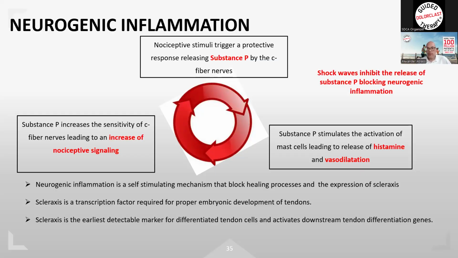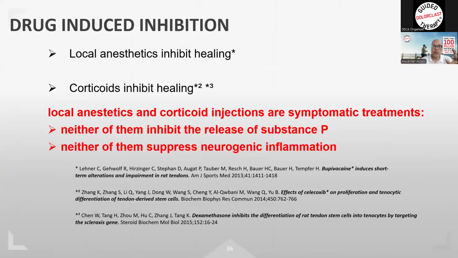So shock waves inhibit the release of substance P by blocking the neurogenic inflammation. To make this very complex mechanism a bit more simple, and also to explain it to our patients, because they need to feel some pain, I always use a nice little example, which you will see in a minute.